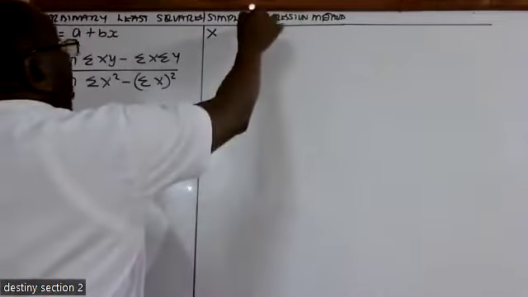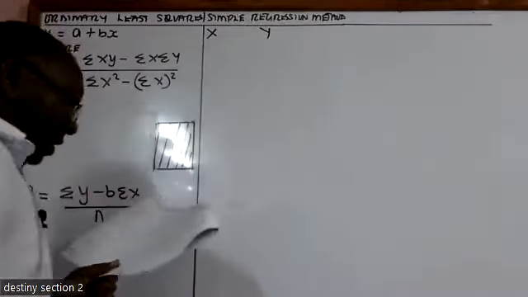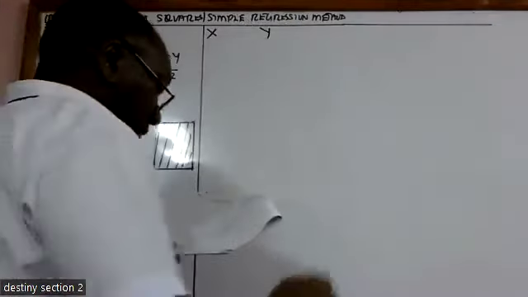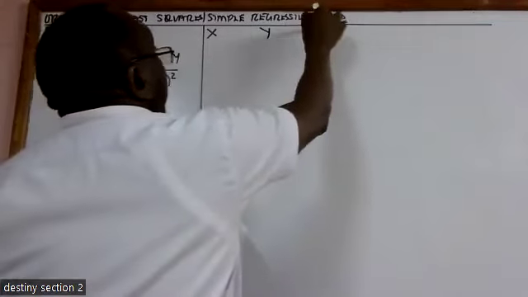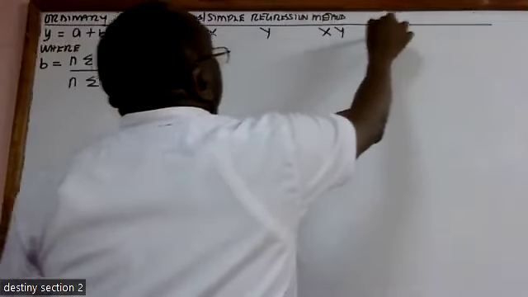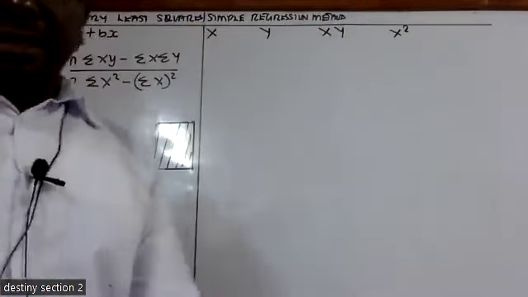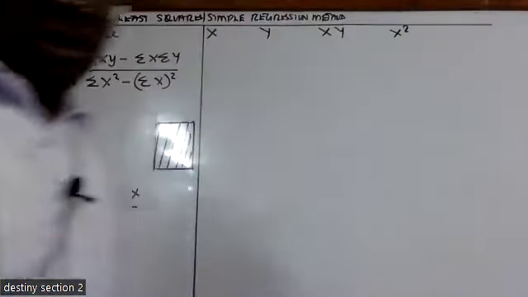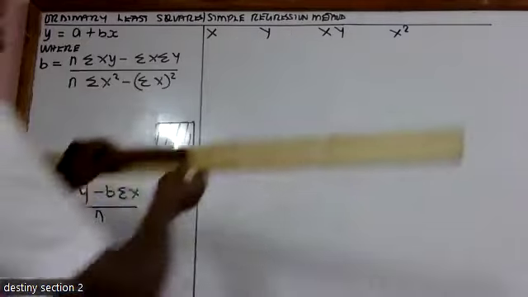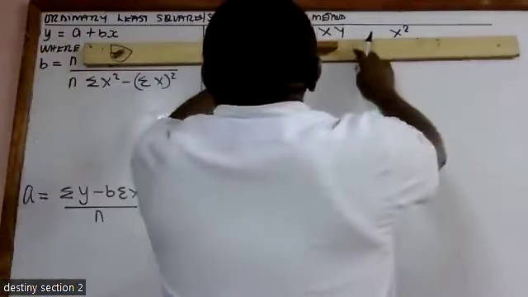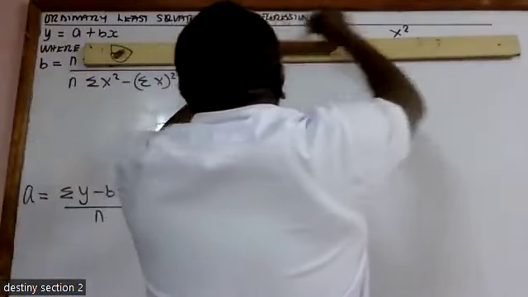It has a column for Y, which is the maintenance costs. Then it has X multiplied by Y. And it has X squared. Those are the columns that we require to create.